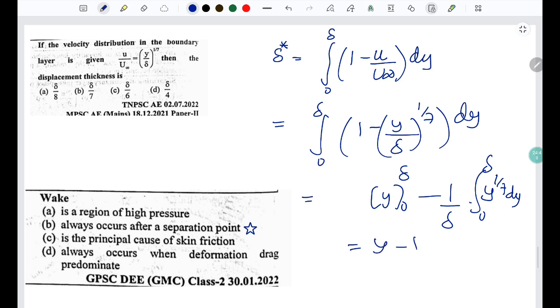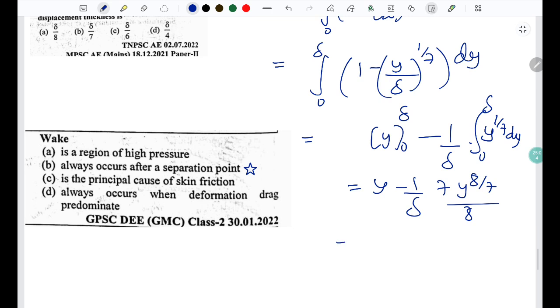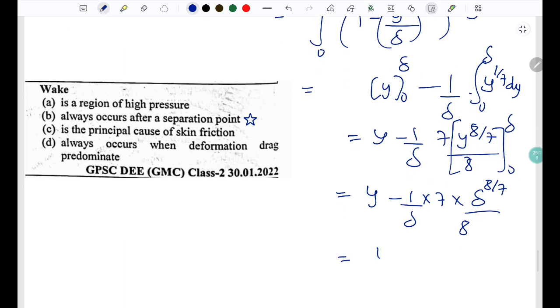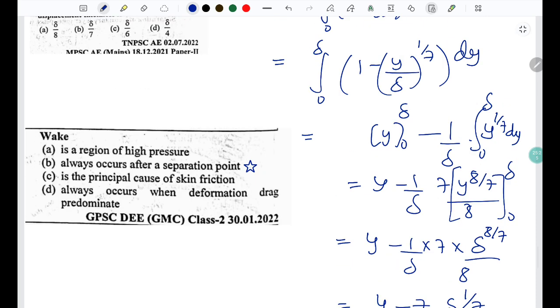That will be y minus 1 by delta, y to the power 8 by 7 divided by 8 by 7, that will make it y minus 1 by delta from 0 to delta times 7 by 8 delta to the power 8 by 7.